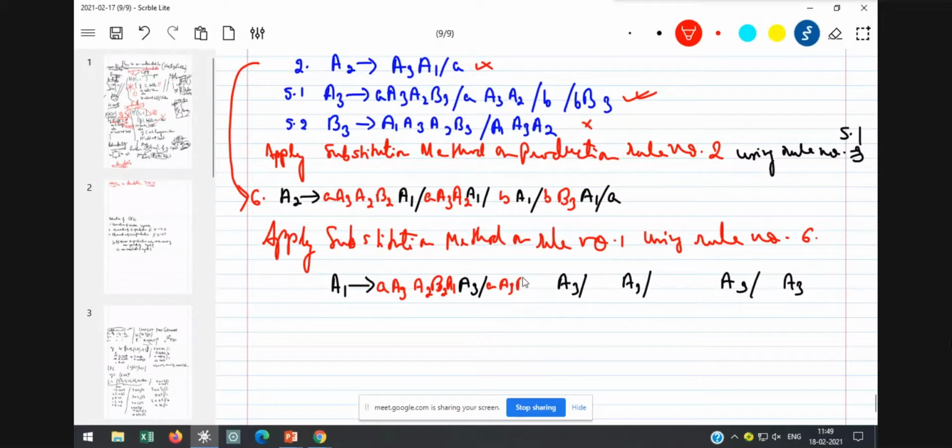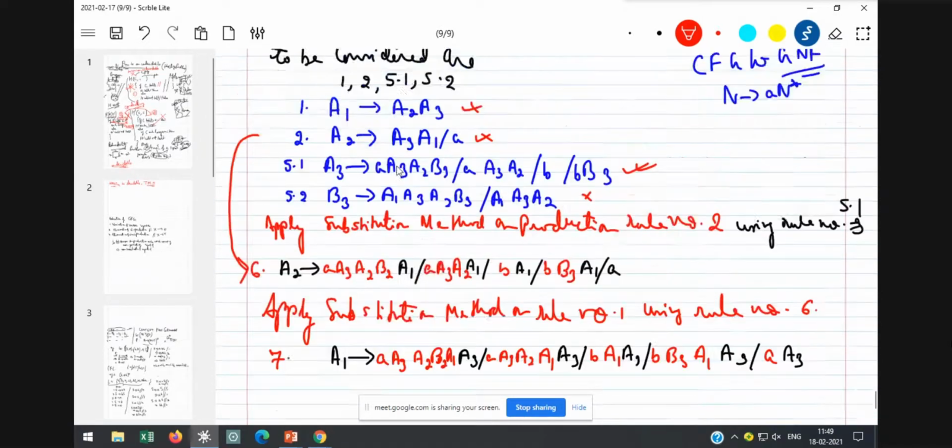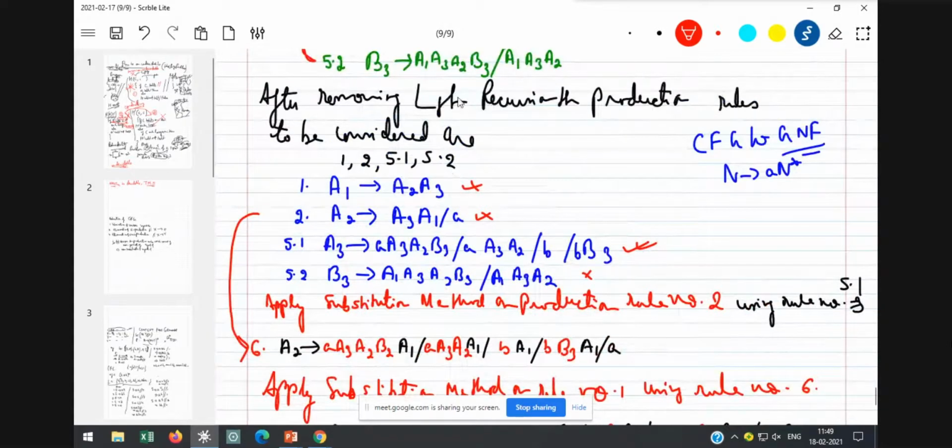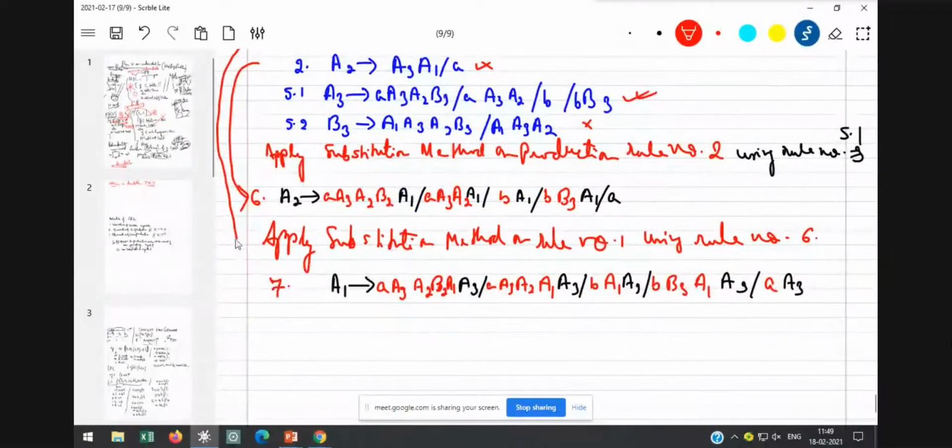Terminal A, non-terminal A3, non-terminal A2, non-terminal A1, terminal B, non-terminal A1, terminal B, non-terminal B3, non-terminal A1, and terminal A. Now let me mark this as 7. Production rule number 1 was not in GNF form. Now this has become GNF format in production rule number 7.